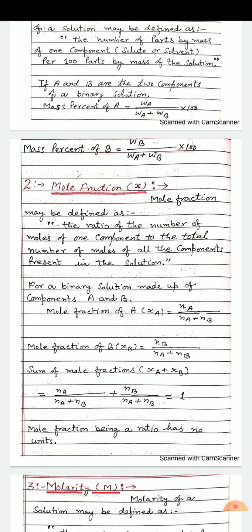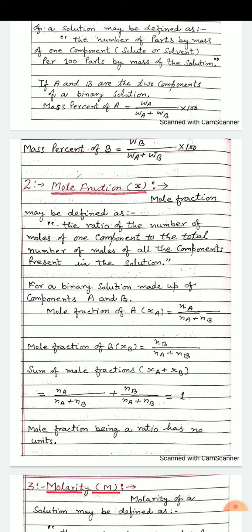Second, mole fraction (X). Mole fraction may be defined as the ratio of the number of moles of one component to the total number of moles of all the components present in the solution. For a binary solution made up of components A and B, mole fraction of A (XA) is equal to Na divided by Na plus Nb.